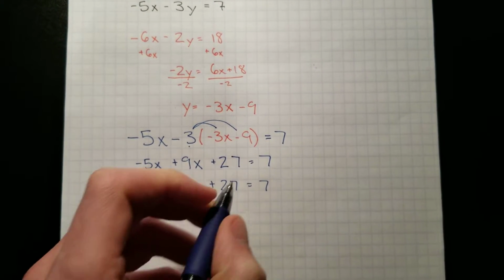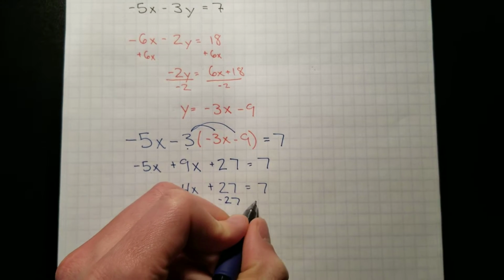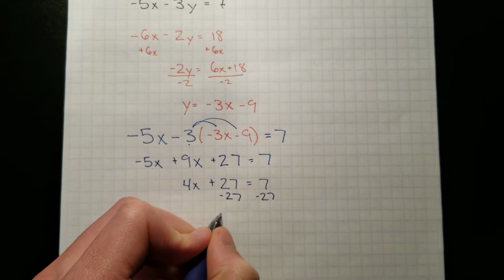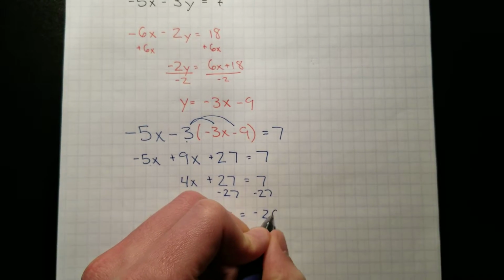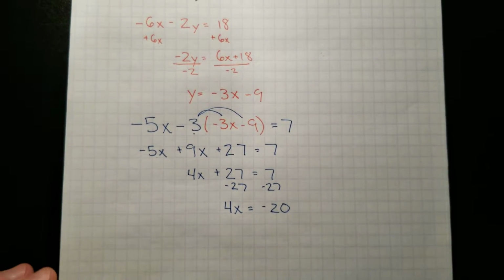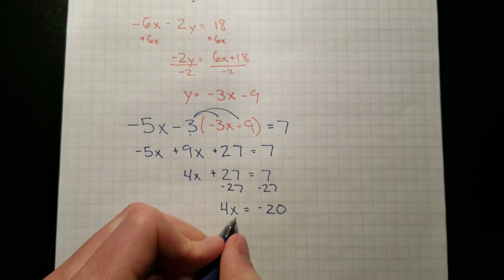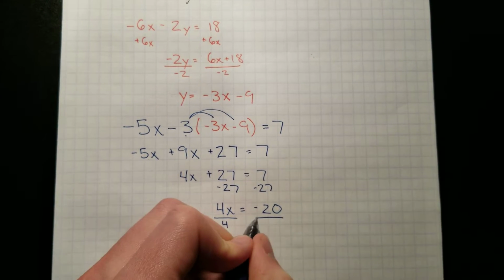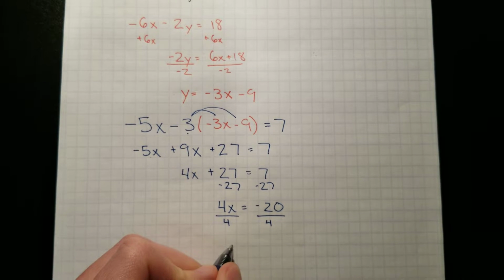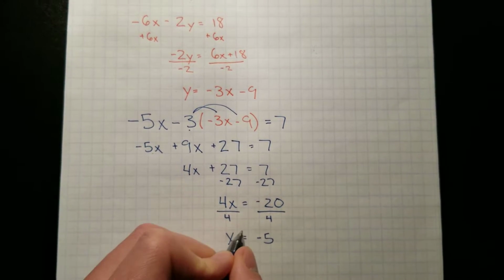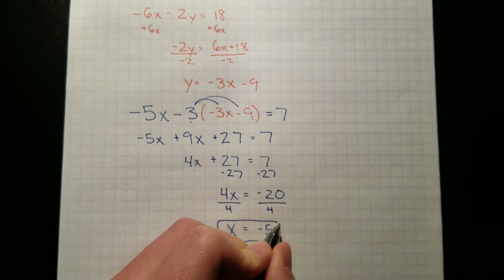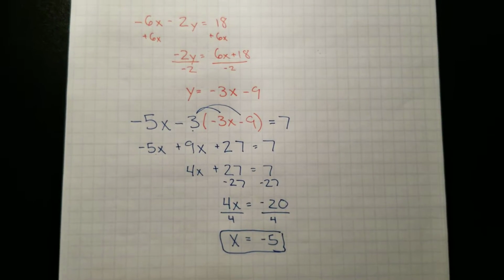And now we're solving for x. We subtract 27 from both sides. 4x equals negative 20. 7 minus 27 is negative 20. So finally, we just divide by 4, both sides. X equals negative 5. So we have half of our solution.